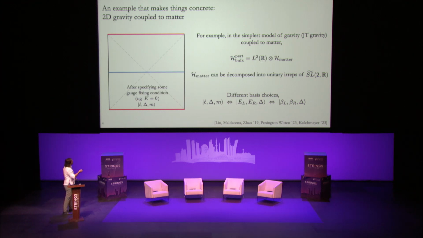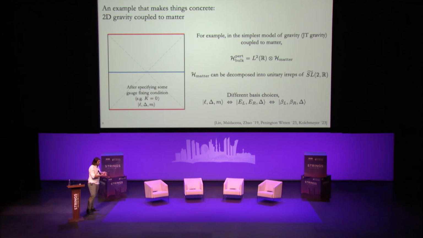Of course, you see from this form of the perturbative Hilbert space that it's nowhere near close to factorizing into a tensor product of left and right. And you could even try to choose a different basis to describe these slices. You could indeed describe states in terms of the left energy and the right energy.